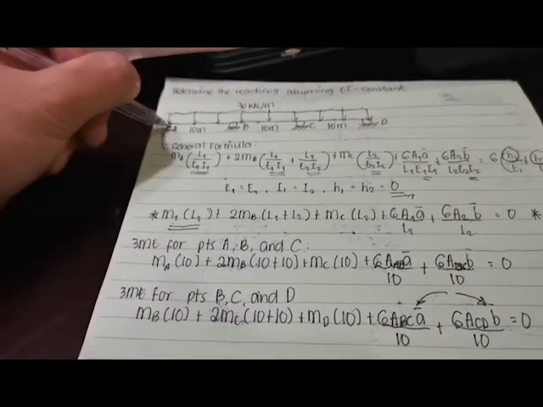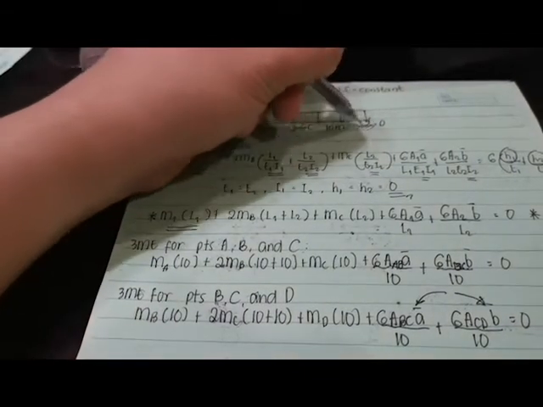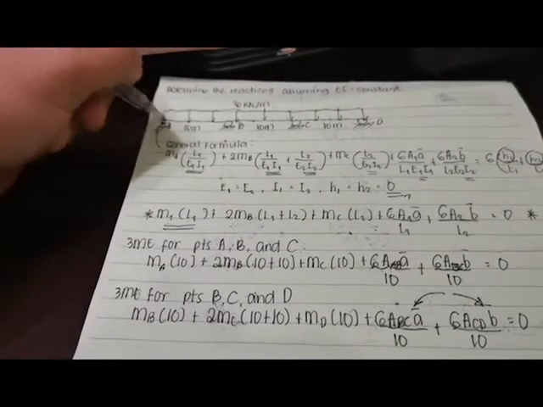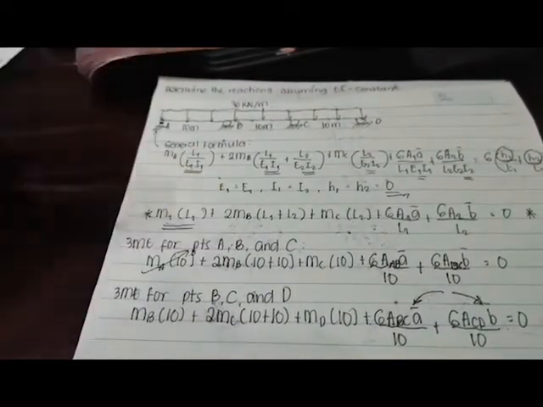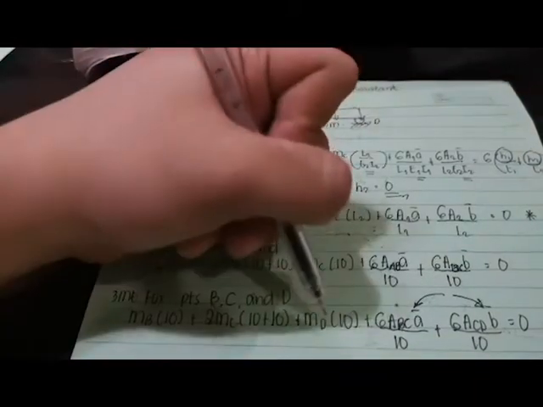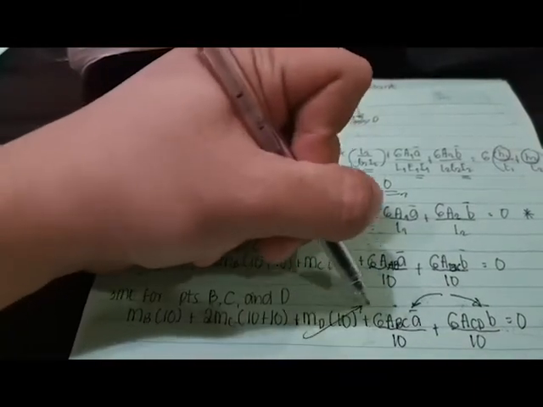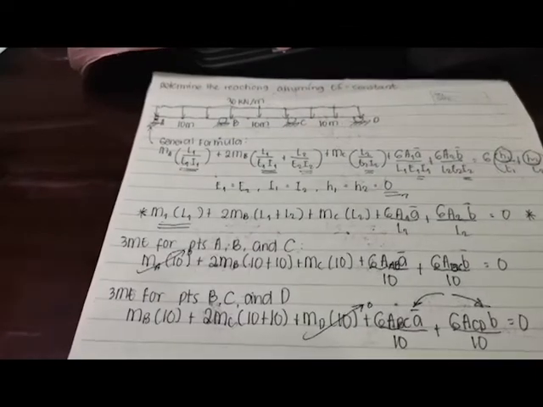So of course, we know that the moment at A is equal to 0, and the moment at D is also equal to 0.